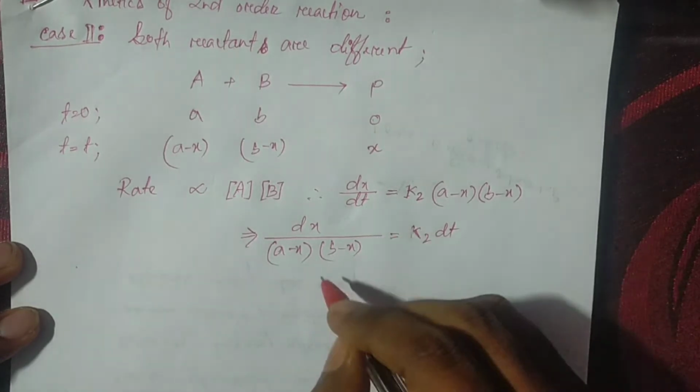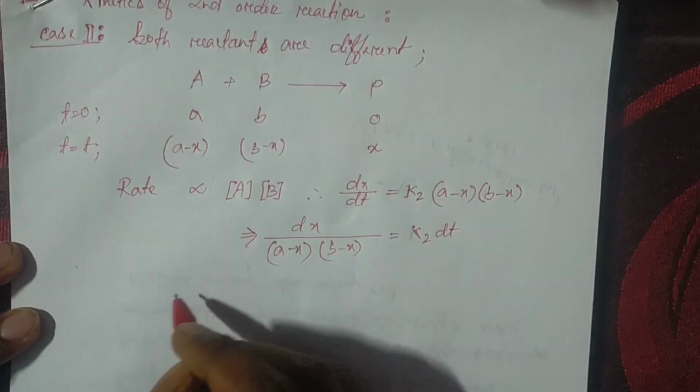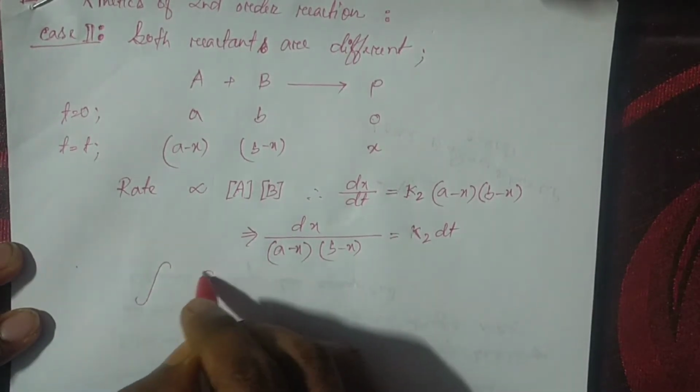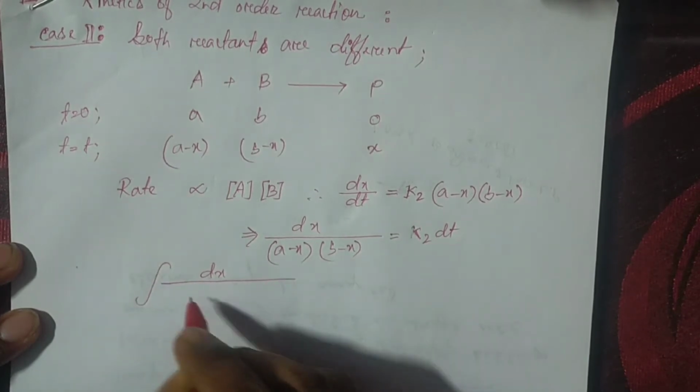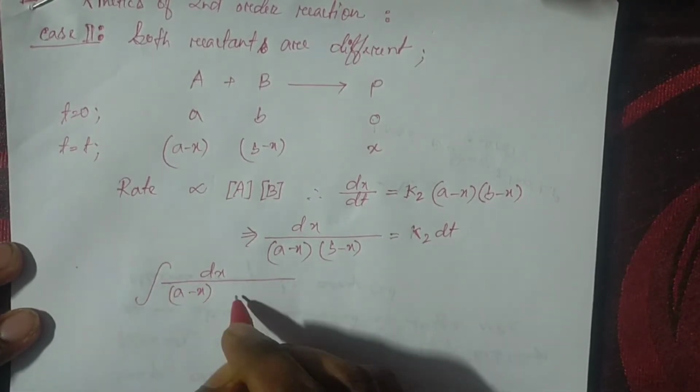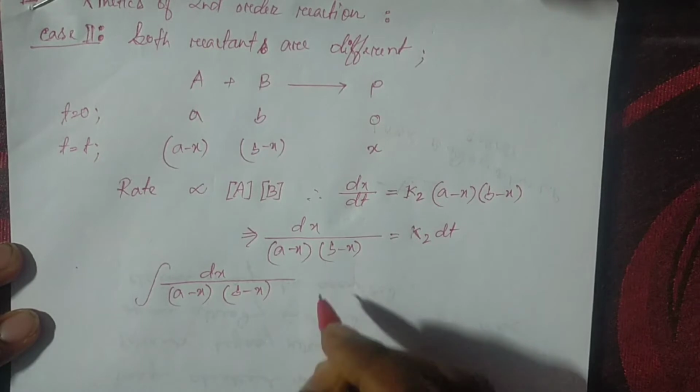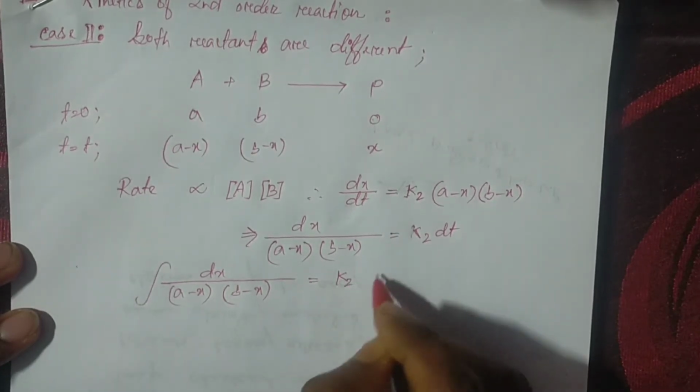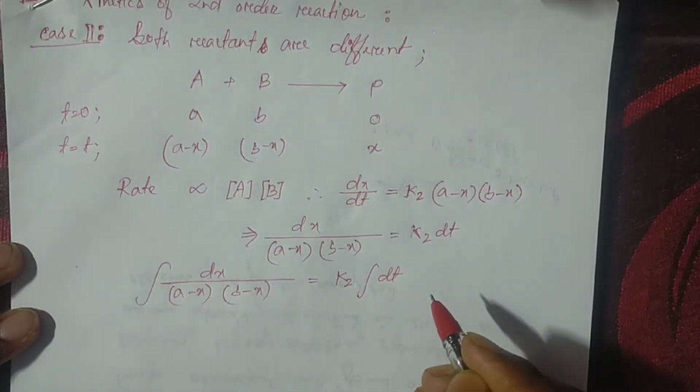So when we integrate this equation, dx by a minus x into b minus x is equal to k2 dt.